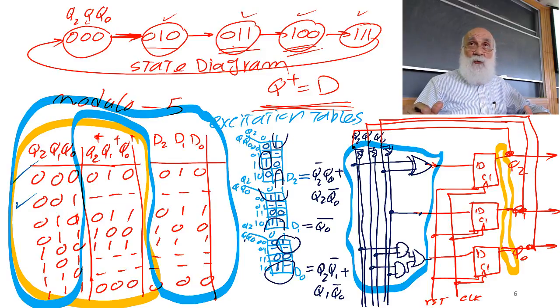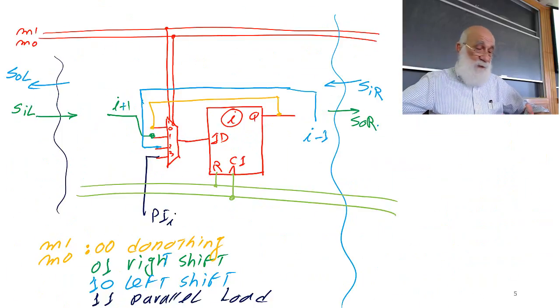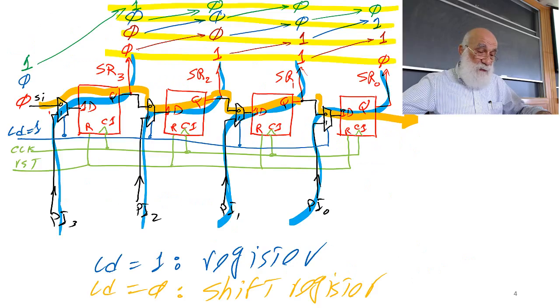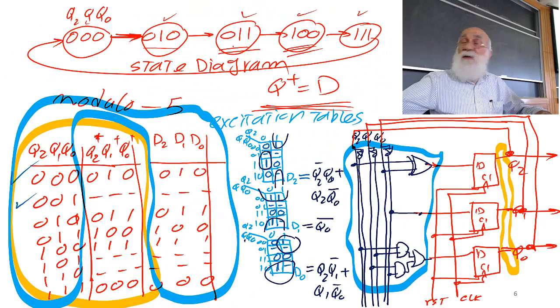Before going to our next topic, remember we said that we are doing registers, shift registers, counters. I'm doing this counter, or a general counter. And next I want to go to controllers, and actually they are the ones that use the state diagrams.